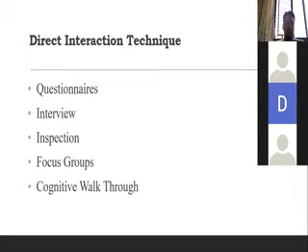The focus group is also referred to as group interviews, which are groups guided by an interviewer. The interviewer facilitates the group discussion on a specified set of topics. So that is the focus group. And the last technique in direct interaction is the cognitive walkthrough.